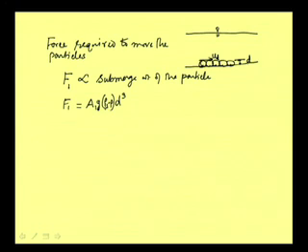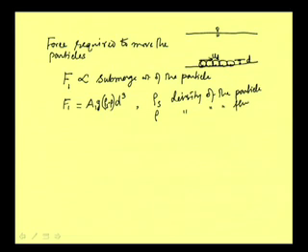This is giving us the submerged unit weight, where rho s is the density of the sediment particle, and rho is the density of the fluid, here it is water.